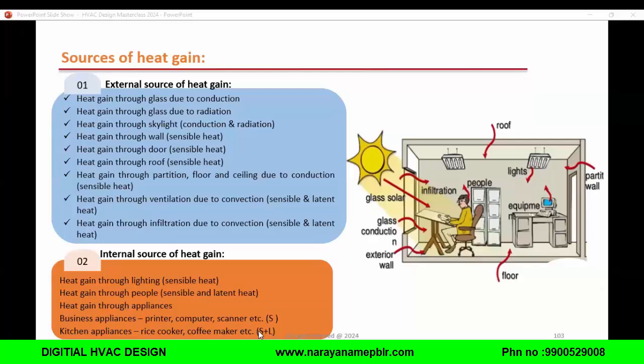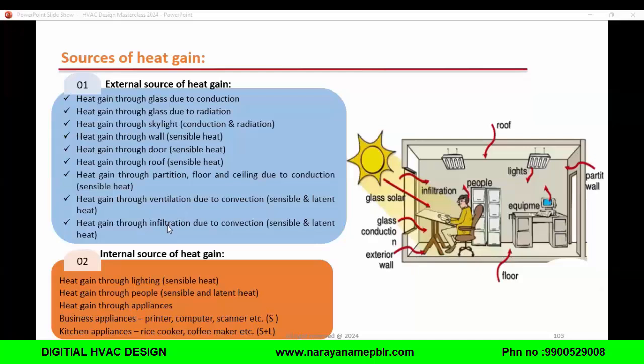You know what sensible heat and latent heat are, right? Latent heat means change of phase. If you make a coffee, some amount of milk will vaporize. Change of phase happens from liquid to vapor, so because of that we have latent heat. Similarly, a human being, whenever you do any exercise, some amount of heat will generate. It will be both sensible and latent heat.